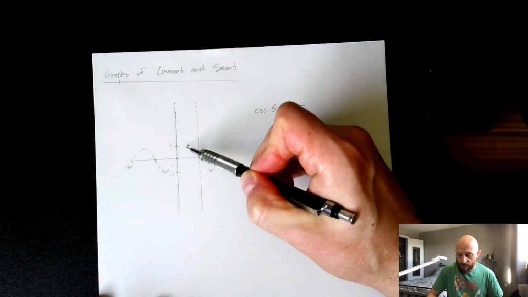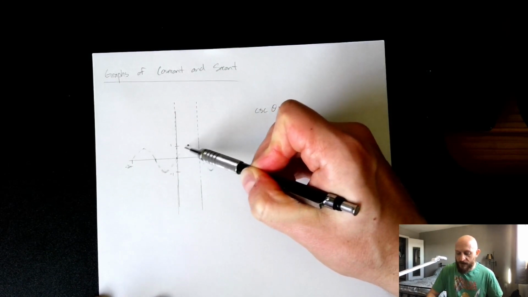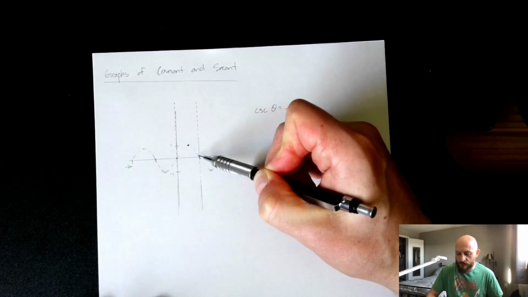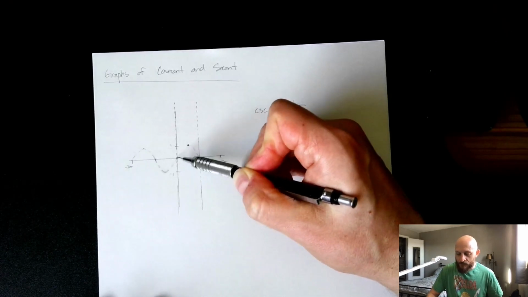If we look at some of these points up here, they're all positive. They're all greater than 0. And as we get close to these asymptotes, sine gets very small.